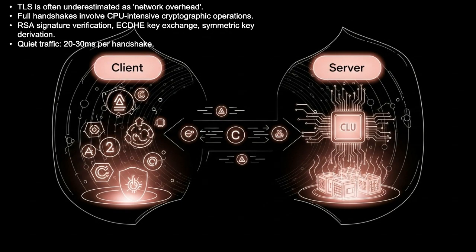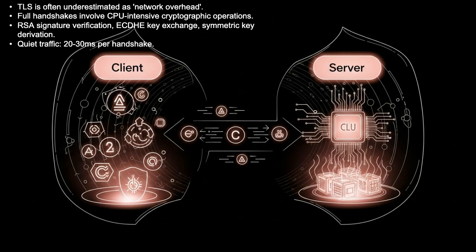However, this perspective vastly underestimates the computational intensity involved in a full TLS handshake. When your load balancer receives a new HTTPS connection, it's not just passing data, it's embarking on a series of CPU-intensive cryptographic operations. We are talking about critical tasks like RSA signature verification, which confirms the server's identity, complex elliptic curve Diffie-Hellman ephemeral, or ECDHE, key exchange calculations for establishing a shared secret, and robust symmetric key derivation using a key derivation function.